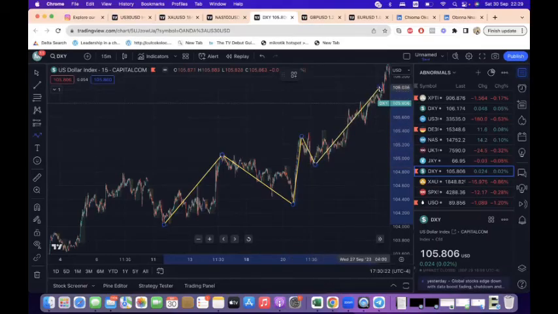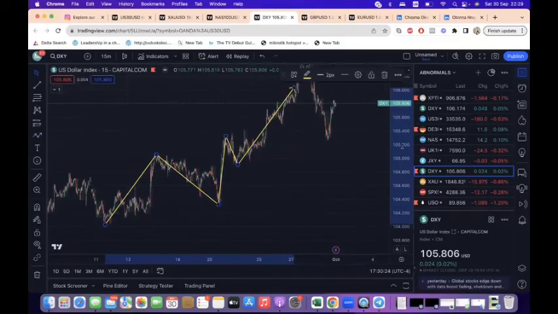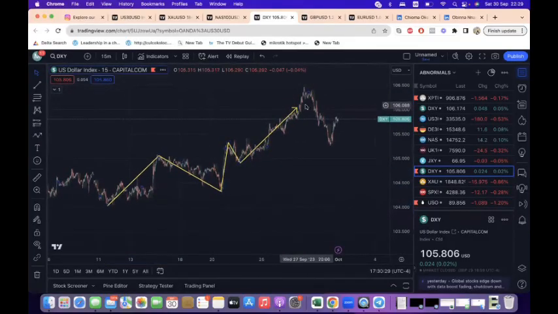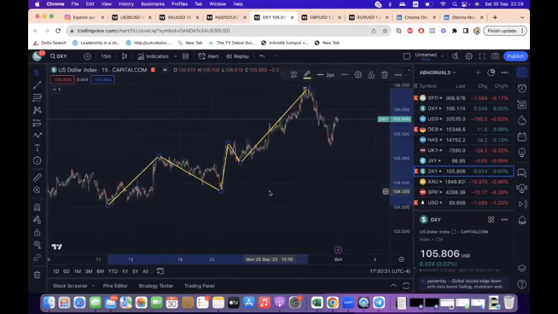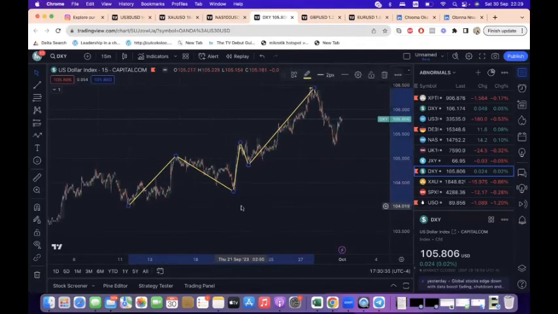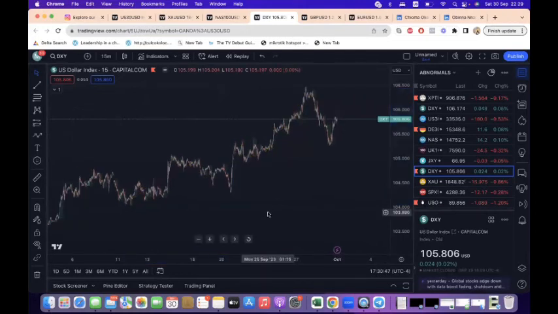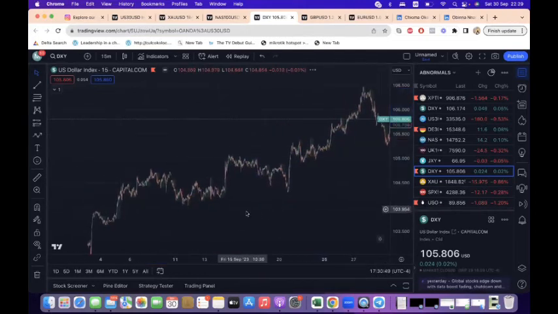All right, these are your legs, all the way. So higher high, whether you like it or not. A high, a low, a higher low, and that's it. That's your leg.